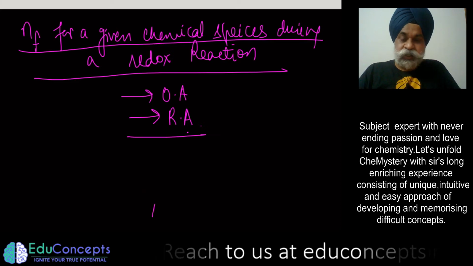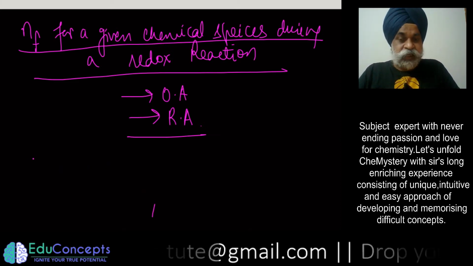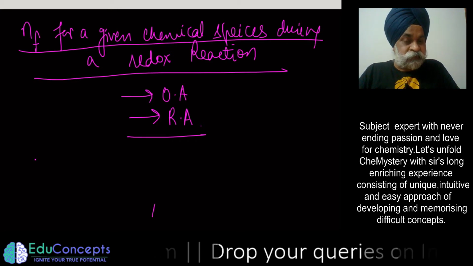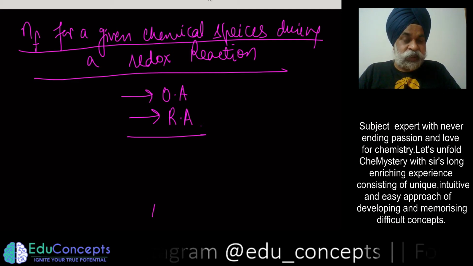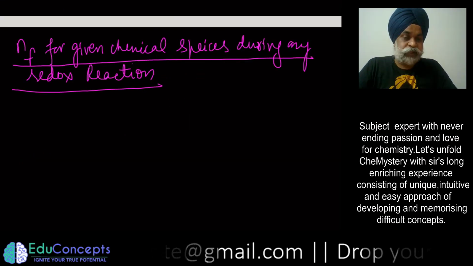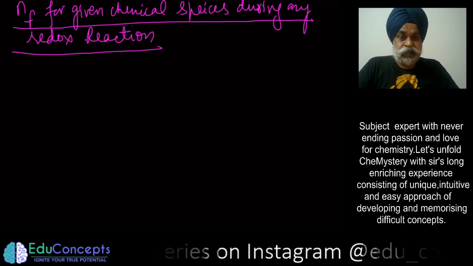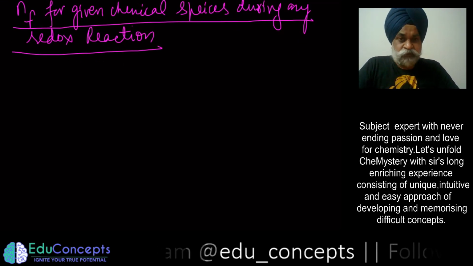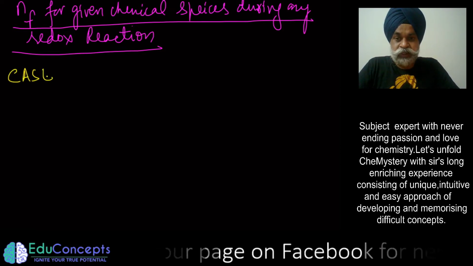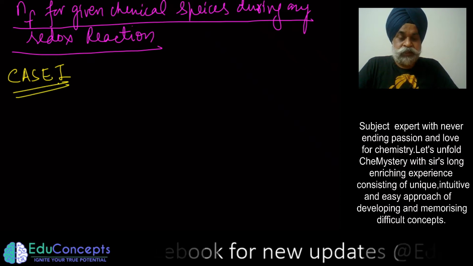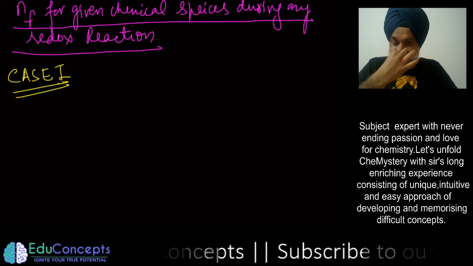As we proceed, you will get what I'm trying to say, and we shall be defining the N factor of oxidizing and reducing agents in different cases. I shall be covering these details in four, five, six, or seven cases. Today we will first do case number one. I hope you would remain with me during the discussion of all these N factors.